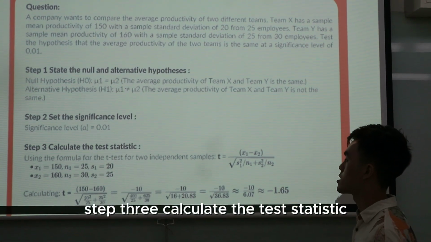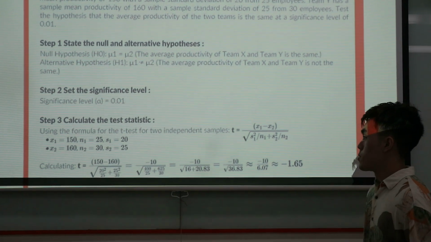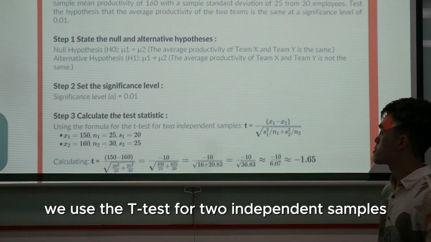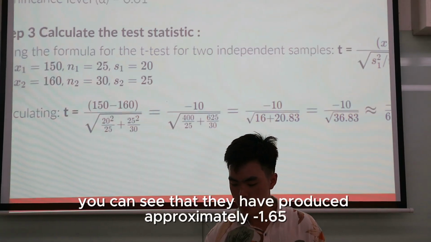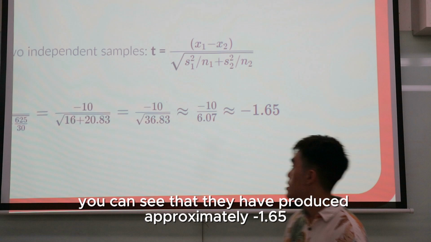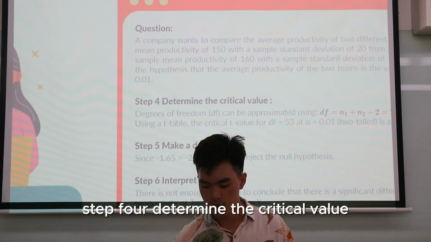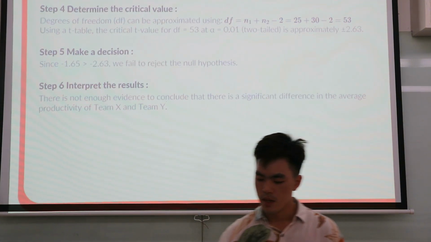Step 3. Calculate the test statistic. We use the t-test for two independent samples. Now for the calculation, we can see that they have produced approximately minus 1.65. Step 4. Determine the critical value.